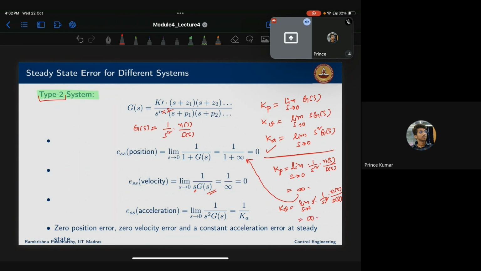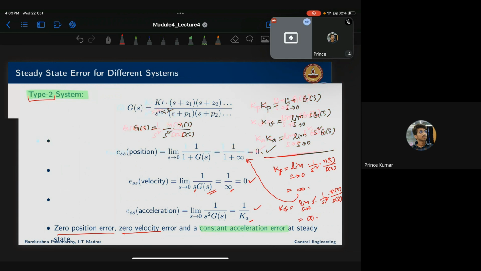S tending to 0, that will become 0. Similarly, here S square gets cancelled and you'll have Ka. So you'll have constant acceleration error, 0 position, 0 velocity. These two are zeros. This is for type 2 system.